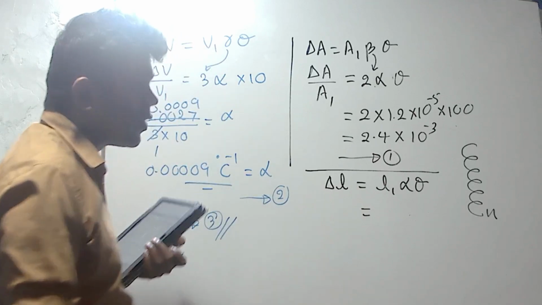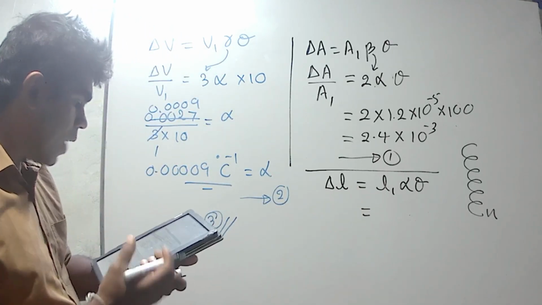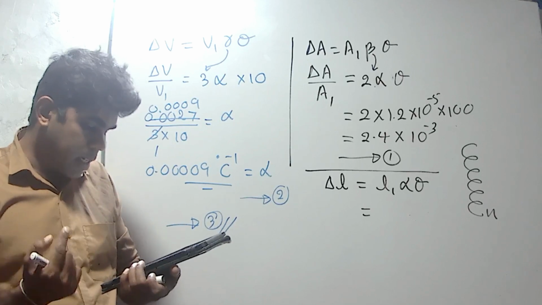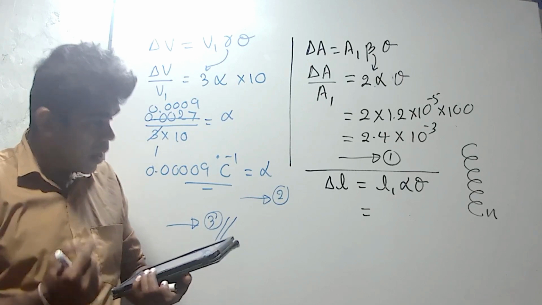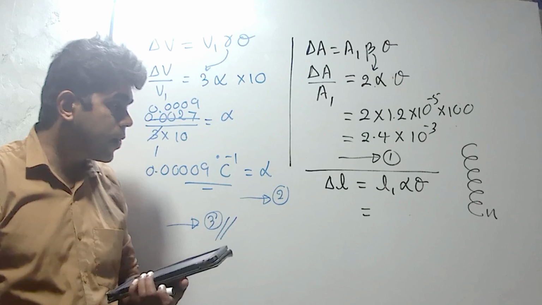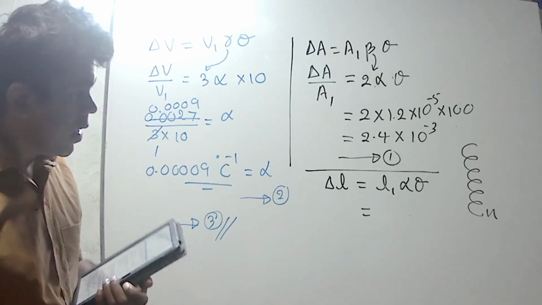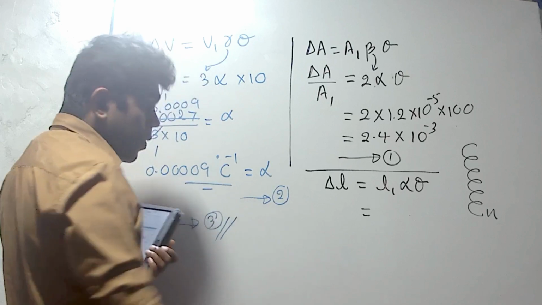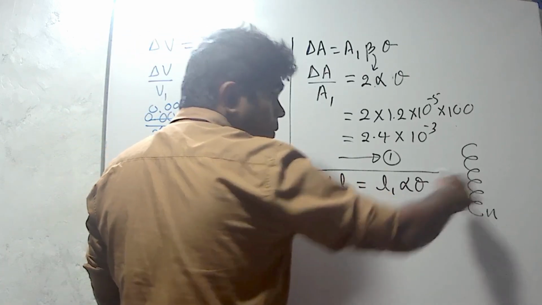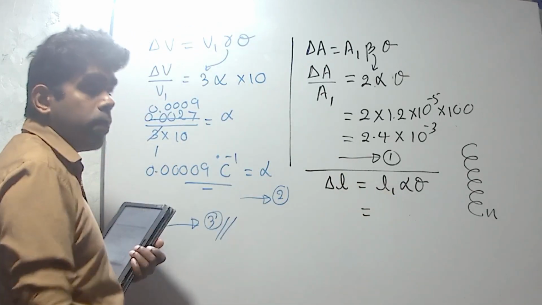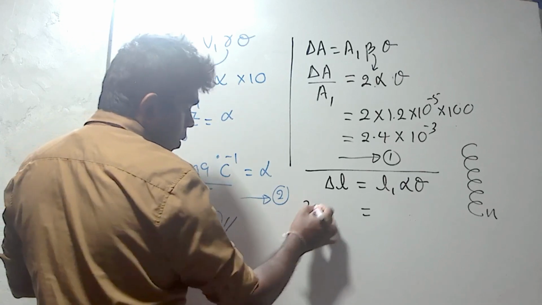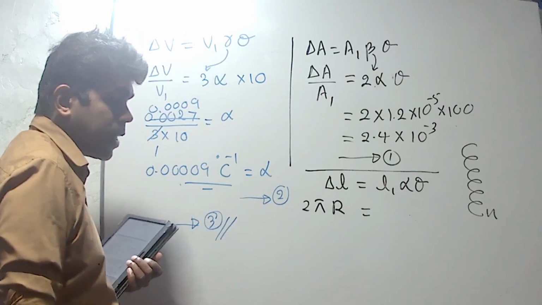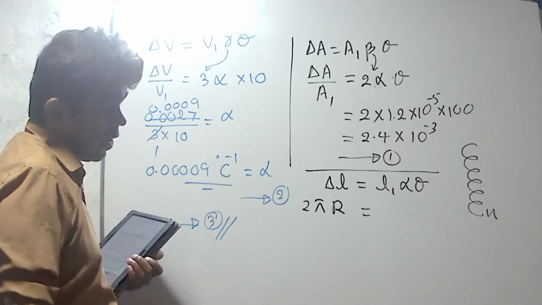Now we can't treat this as a rod, because they have given that the number of turns are increasing but the radius of the spring is constant. Therefore, the increase of length should be equal to the length of one loop. It means 2 pi r. The increase of length is 2 pi r.